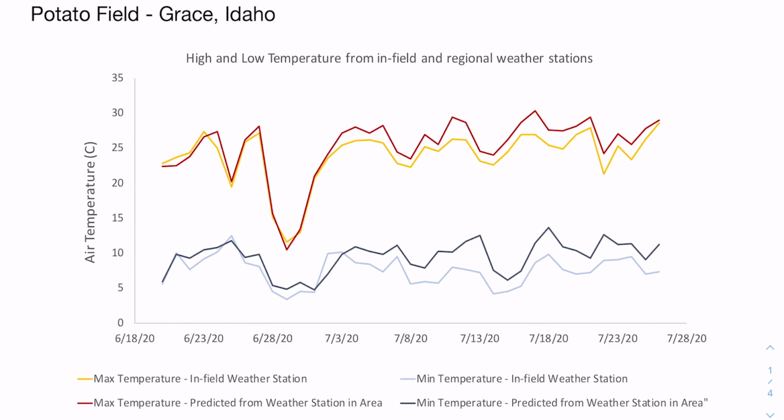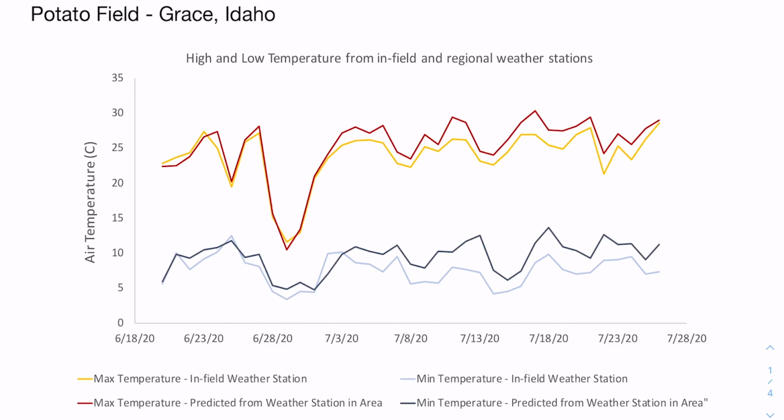I also used these data in another chalk talk, so it seemed like a good idea to go over them again. The darker colors are data collected from this regional weather station extrapolation to this location. And the lighter colors, the yellow and the light blue, are data directly out of the field where we have an Atmos 41 all-in-one weather station actually measuring air temperature in the potato field itself.